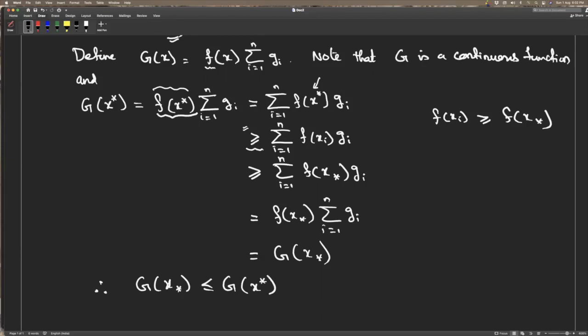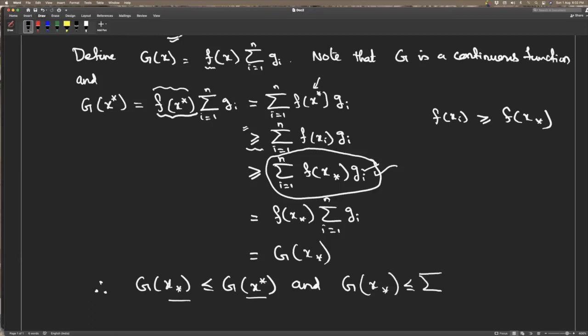And not only that, we also see from the above calculation that the term which we want is going to sit between these two numbers. That is, G of x suffix star is less than or equal to sigma i equal to 1 to n f of xi gi, which is less than or equal to G of x superscript star, right?